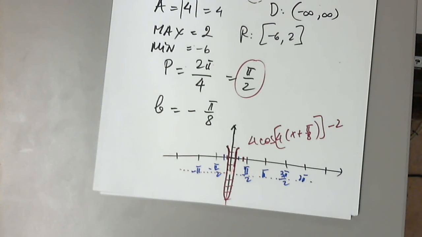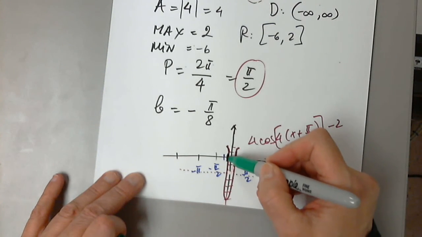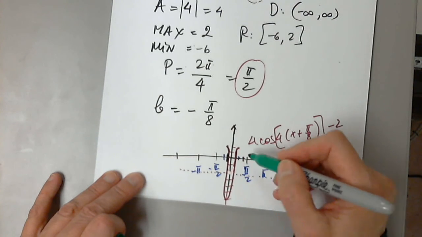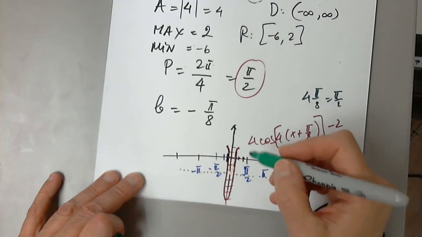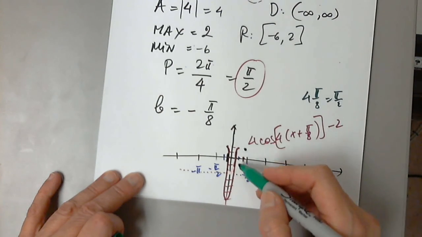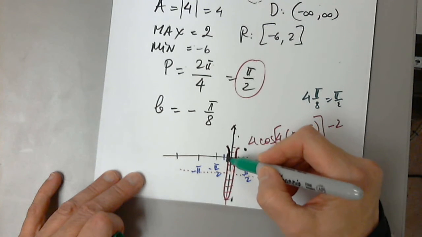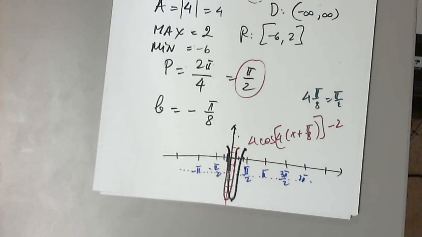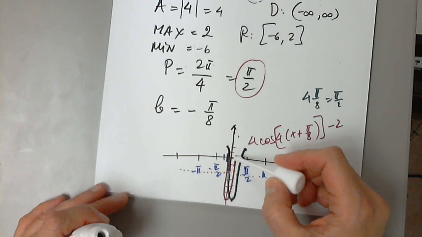So I made an error. I'm going to erase that. I have to have between pi over 8, 1, 2, 3, 4 pi over 8. 4 pi over 8 is pi over 2. And I don't have 4 pi over 8 yet. So in the middle, it's right here. I have to have pi over 4. So I need pi over 2. So I need 4 pi over 8.